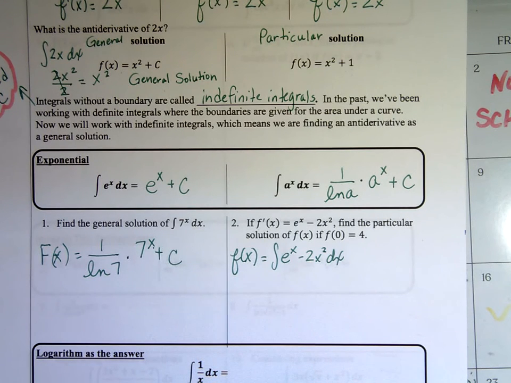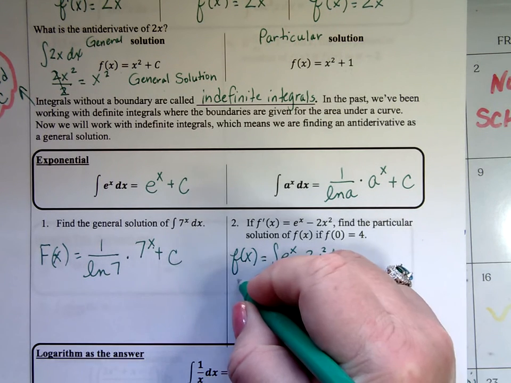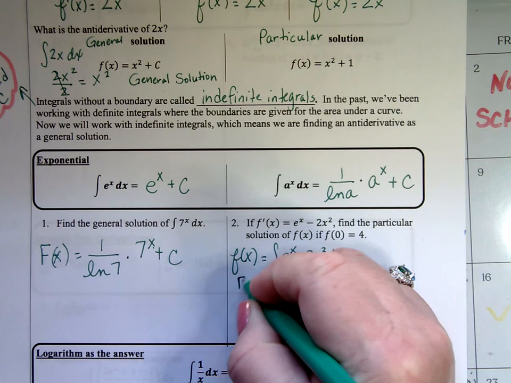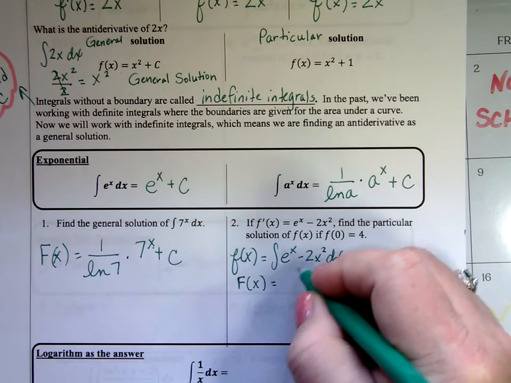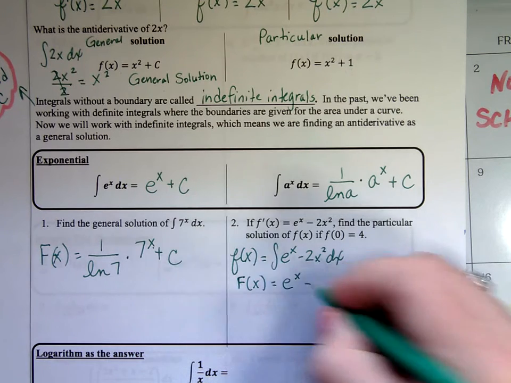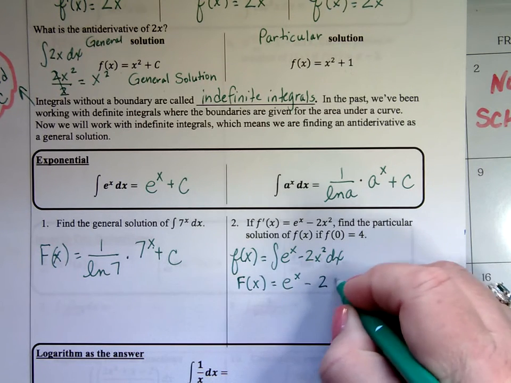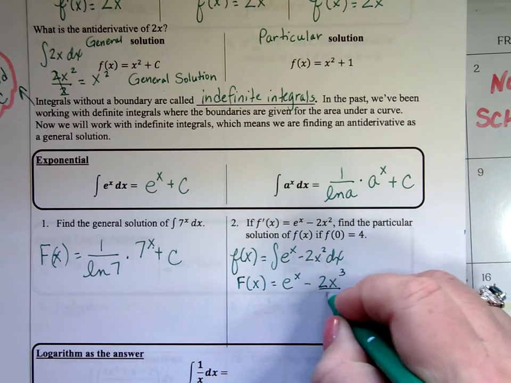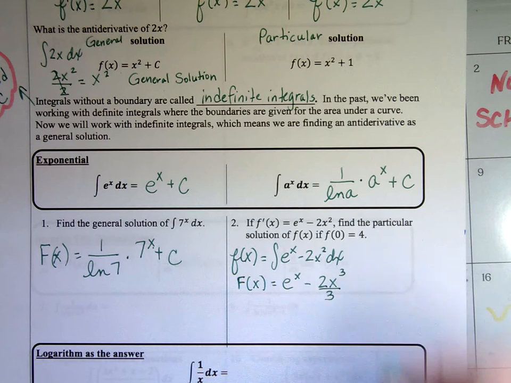And so I antiderivative it. The antiderivative of e to the x is e to the x. For 2x squared, it's going to be 2x, one more power, over that power, plus c, right?